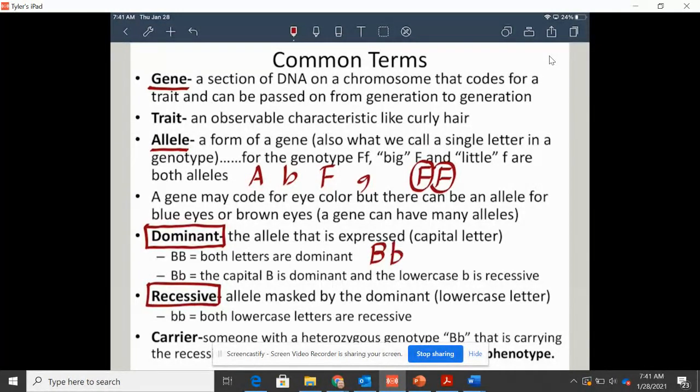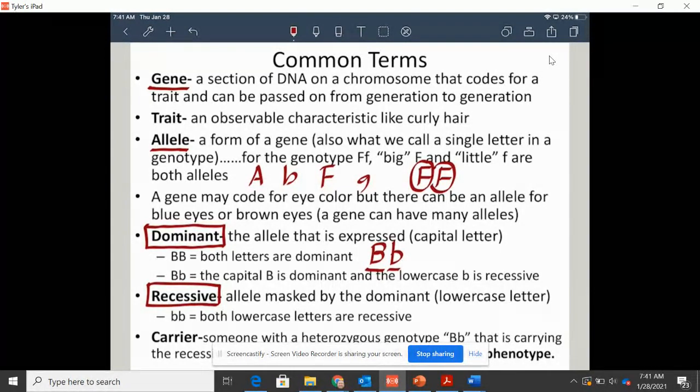The capital just indicating it's bigger, it's more dominant, all right? And we also said this, dominant alleles will get expressed and dominate over the recessive allele if there's two of them. So if you had a capital and lowercase b there, whatever the capital B says, maybe it's brown hair or something, that's what is going to get coded for, and that's what color hair you're going to have, okay?